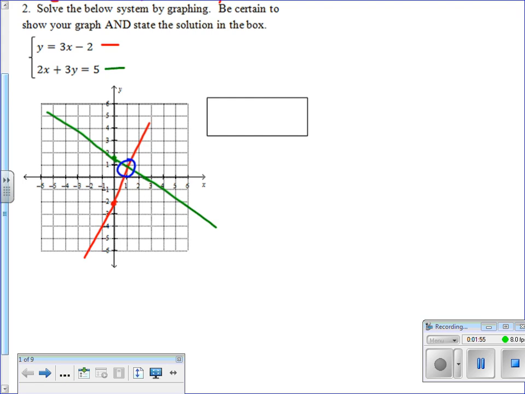Although this one is not perfect, I look at that and I'm going, okay, that's the point (1, 1). Because even if you're not perfect on your graphing, that's close to where it will be. That's good enough. You know it's going to be at an intersection of the grids. It's going to be two integers. You're not going to have fractional points or decimal points to worry about.